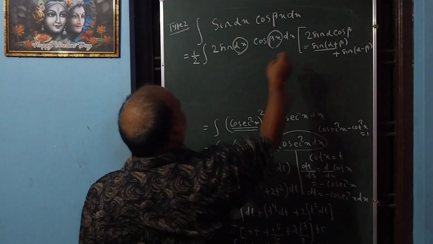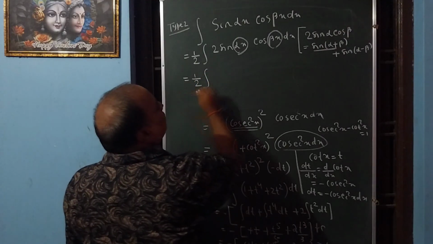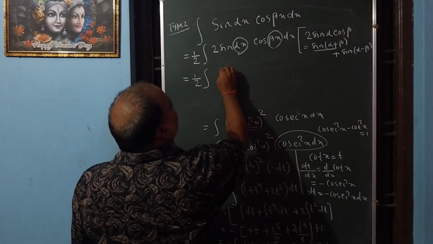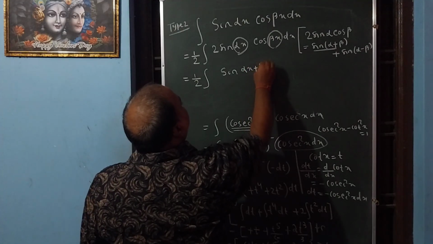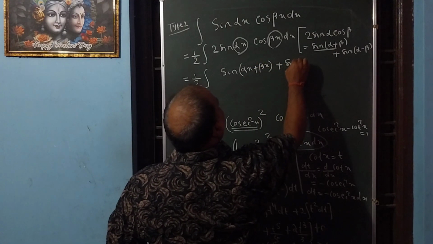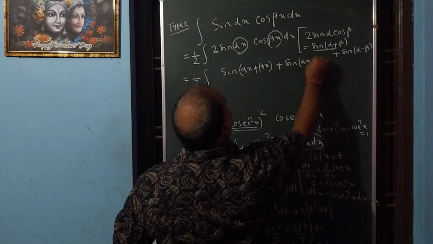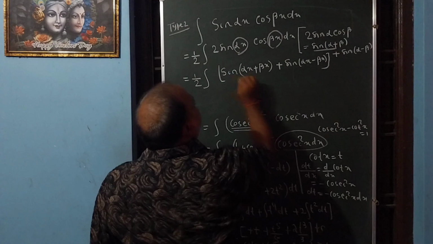So applying that formula we get half integration of sin of alpha x plus beta x plus sin of alpha x minus beta x whole into dx.